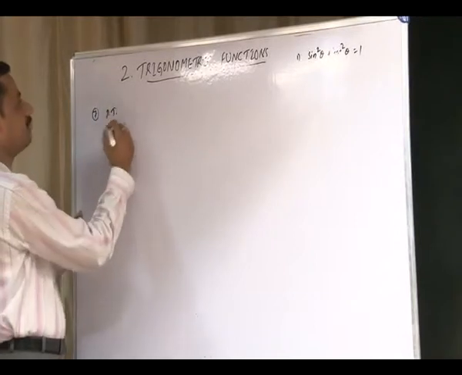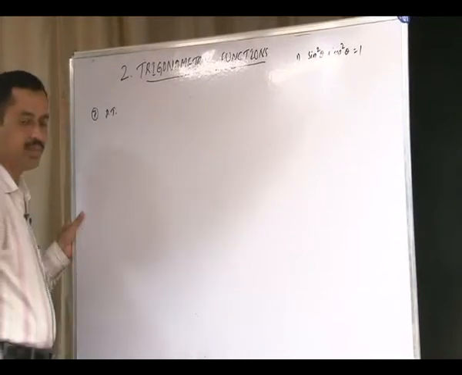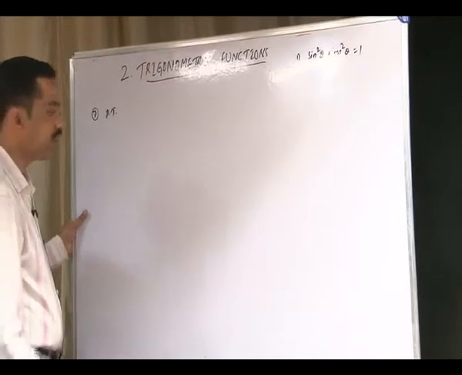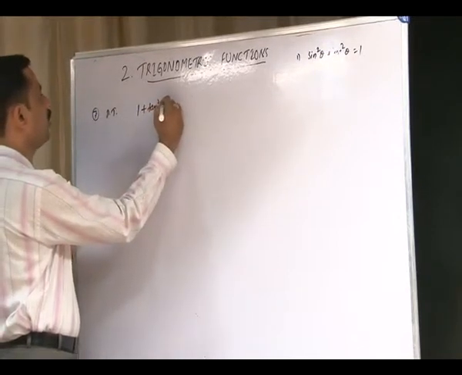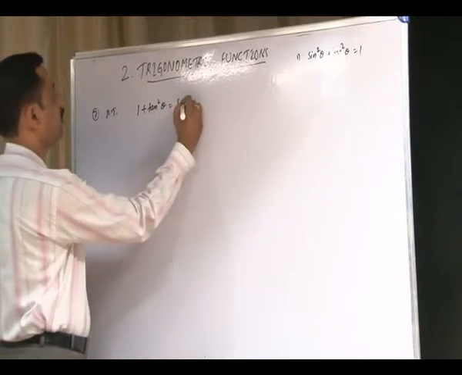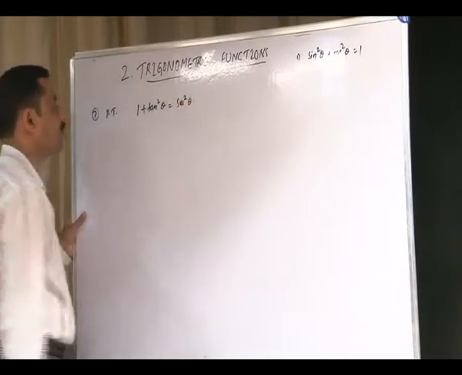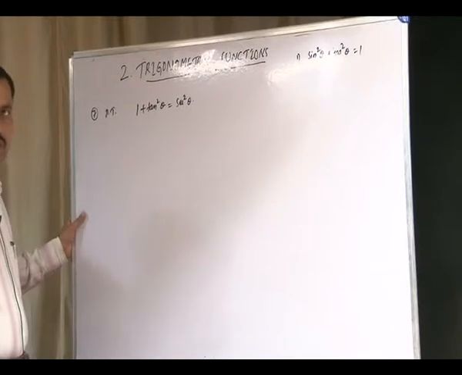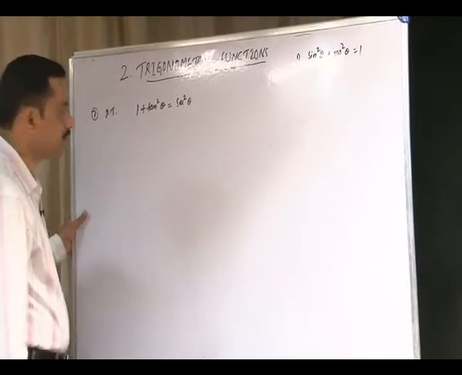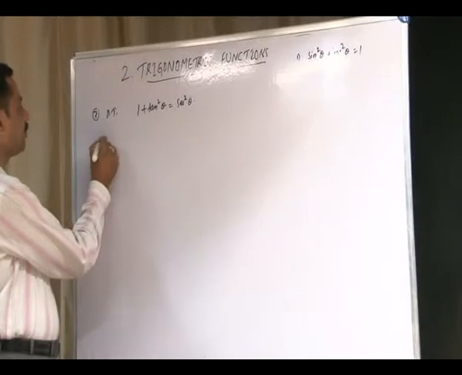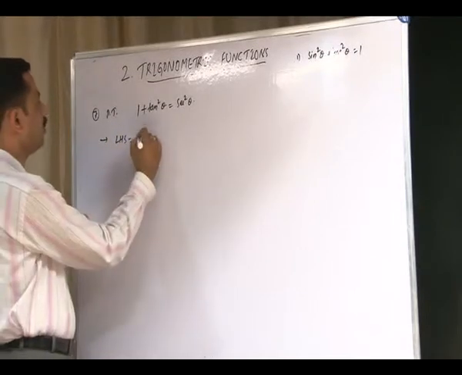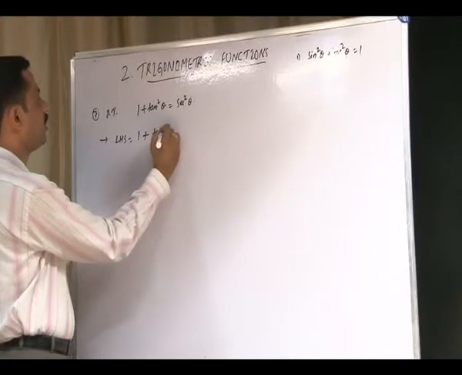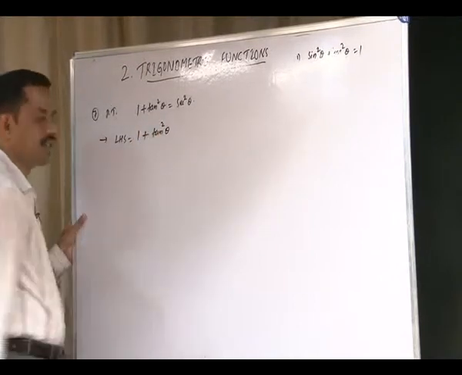So, prove that another relation, prove that 1 plus tan square theta is equal to secant square theta. To prove this, first I will consider left hand side. In left hand side there is 1 plus tan square theta.